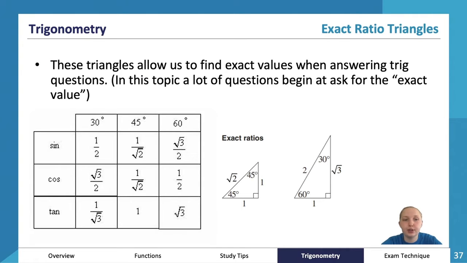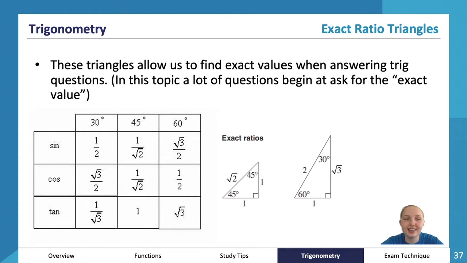Alrighty, so the next thing we're going to look at, which you've probably been introduced to already, is the exact ratio triangles. These are actually also in your formula sheet. This little snippet here is directly from that formula sheet. Essentially these exact ratio triangles are little triangles that allow us to find exact values when we're answering trigonometric questions.